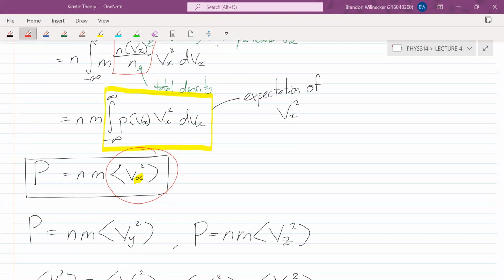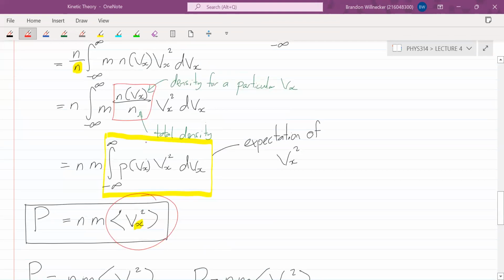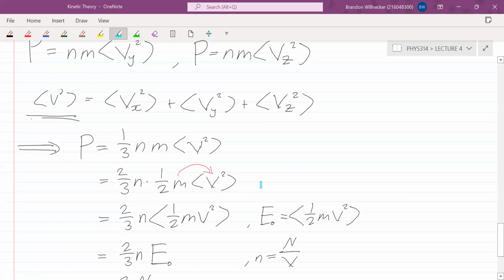However, what we really want to do is find out what this distribution is. This probability distribution that we used, the distribution of the velocities, what is it exactly? We're going to try and figure out that probability distribution, rather than leaving things as averages, which we've done here.